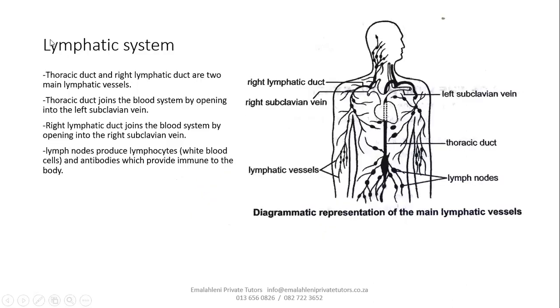In the lymphatic system, we have the thoracic duct and the right lymphatic duct. These are two lymphatic vessels.